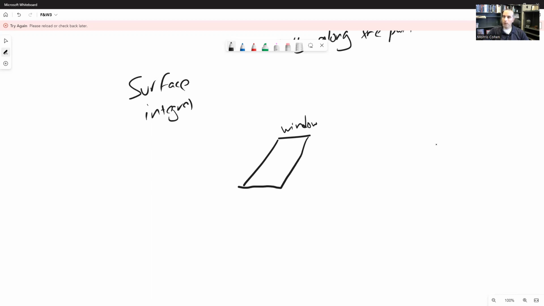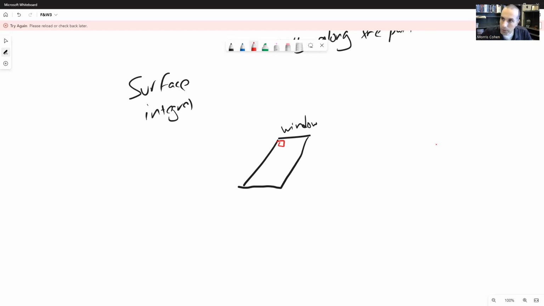For that, you'd want to have some measure of the flow of air, which may well be different. It could be that there's a lot of flow on one side of the window and less on the other, or maybe there's a lot in the middle and not much on the outside. But anywhere in the window, you have a definition of what the total flow is. And the surface integral is integrating that flow of air across the entire window.